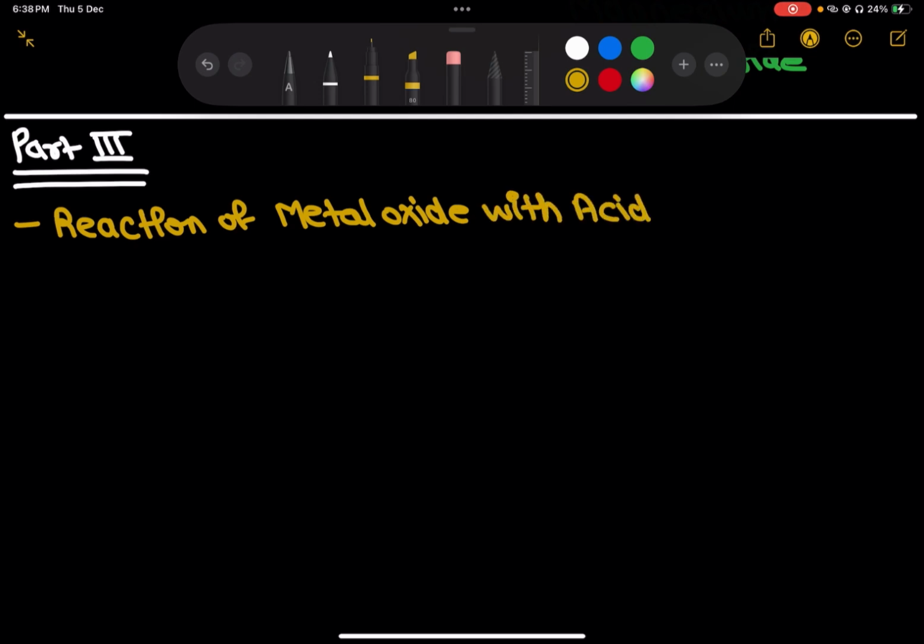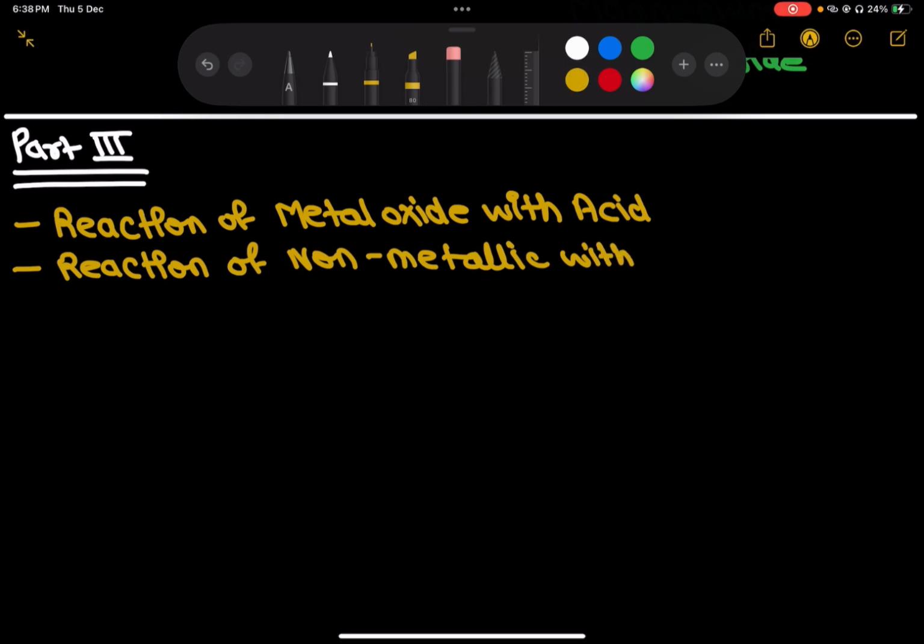The second reaction is the reaction of non-metallic oxide with base. So again, these are very important. They are asked quite often in the boards, right?